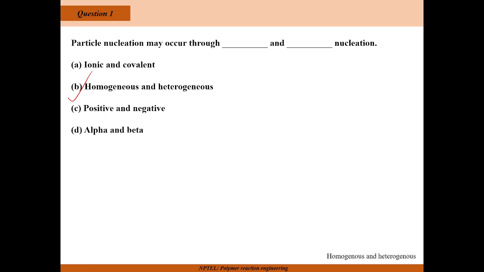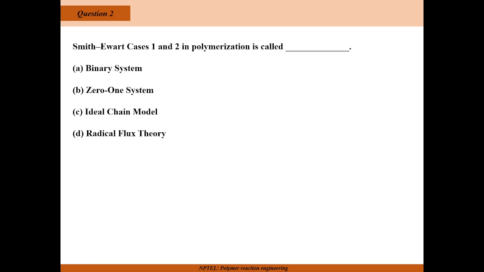This question was added, and the next question is: Smith-Ewart cases 1 and 2 in polymerization is called binary system, 0-1 system, ideal chain model, or radical flux theory.